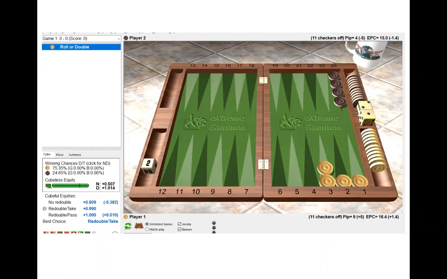So the reason here is, yes, any 2 ones in a row, even double one, is going to miss for white. If you roll 11, there's 11 ways to roll a 1. That's 30% of the time.